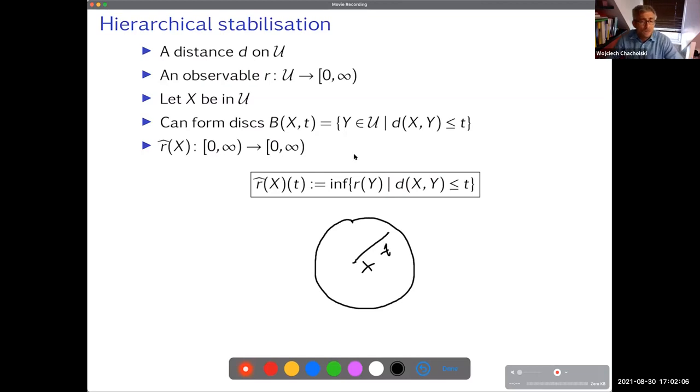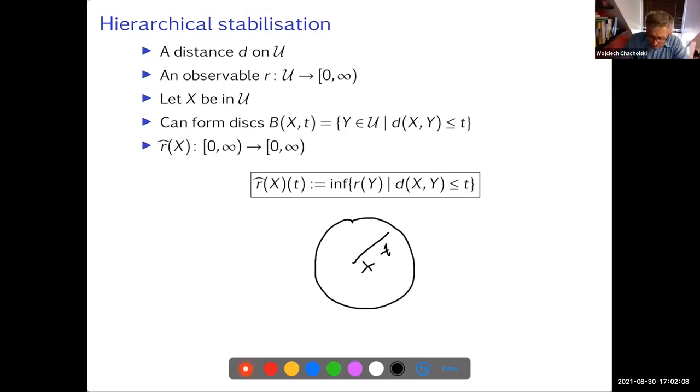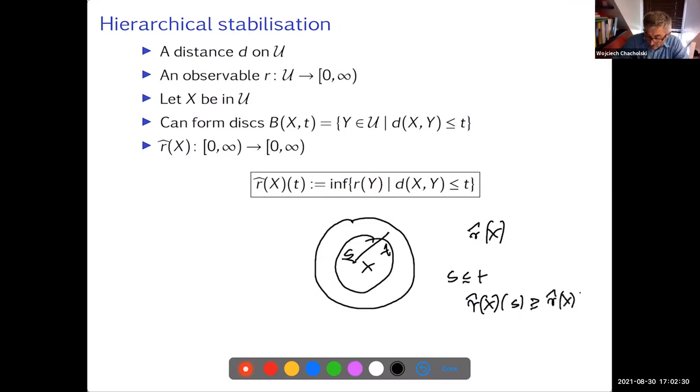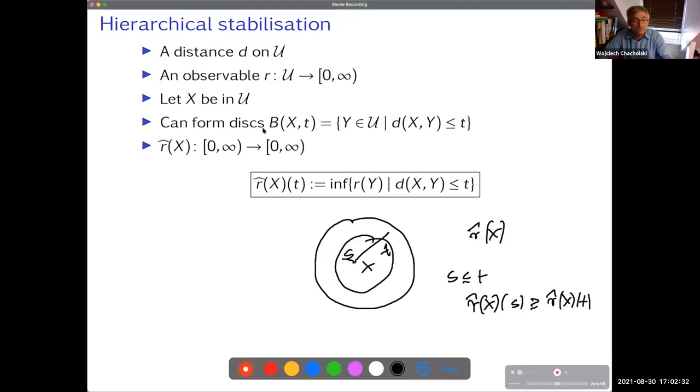So, for example, if S is less than T, it's a smaller radius, then of course you minimize over the smaller disk. The function is non-increasing.